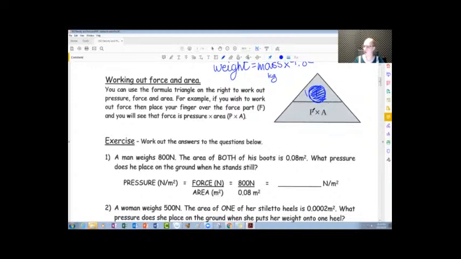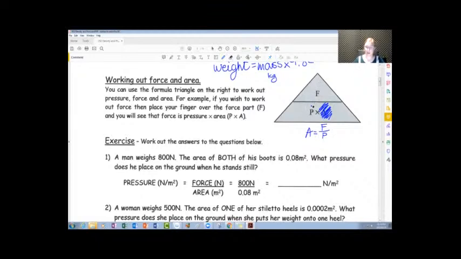So force will be equal to pressure times area. If we instead want to work out area, we put our finger over A, and that gives us area is equal to force over pressure. So A is equal to F over P.